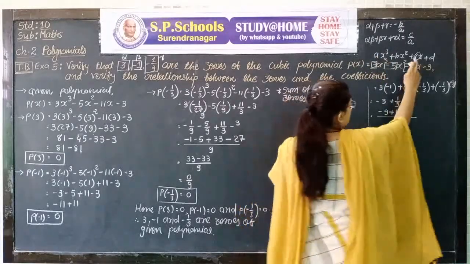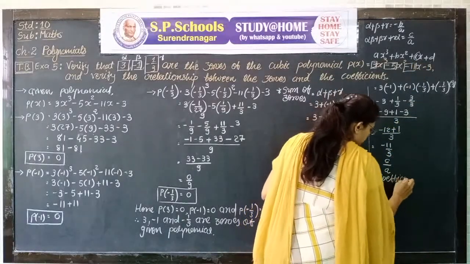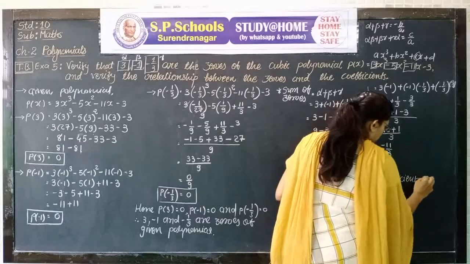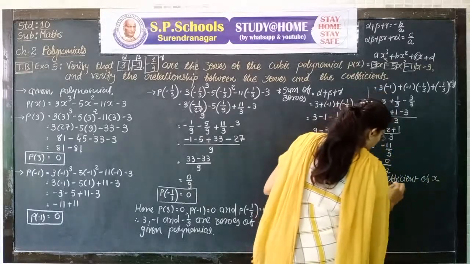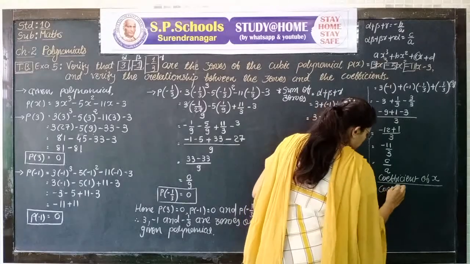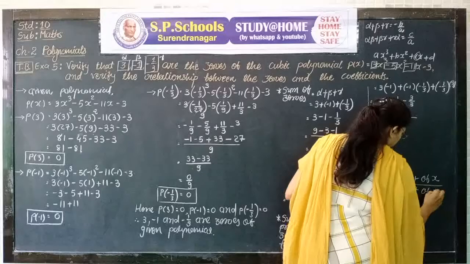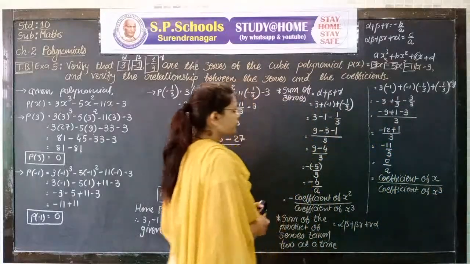But c is the coefficient of x upon a, where a is the coefficient of x cube.